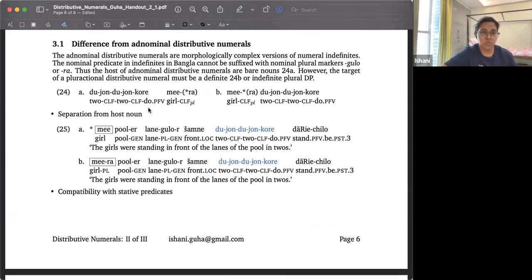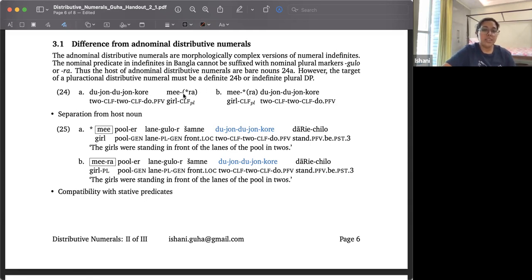First of all, look at 24 for Bangla, which is the adnominal numeral. What does it look like? 24a. So you have this reduplication suffixation form, then the bare nominal, right? Bangla is not a number marking language, so it doesn't mark plural on numeral indefinites.